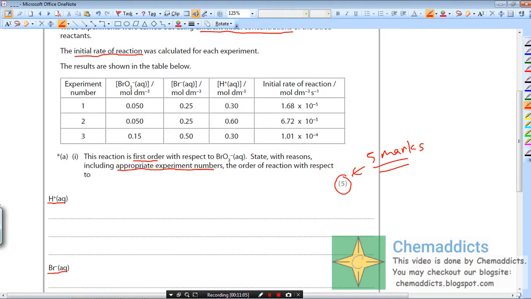Since they are involved in the reaction, they react to form products, so they will have the order of reaction, not the products.